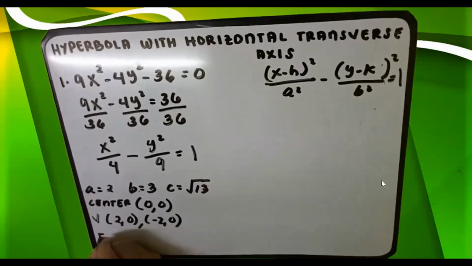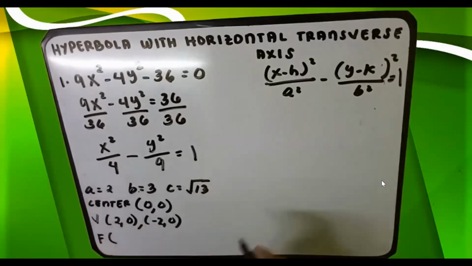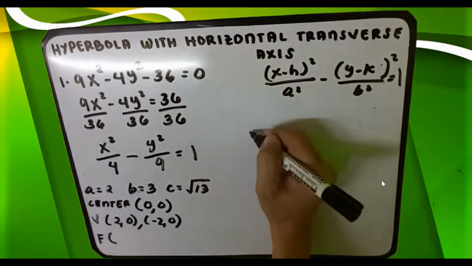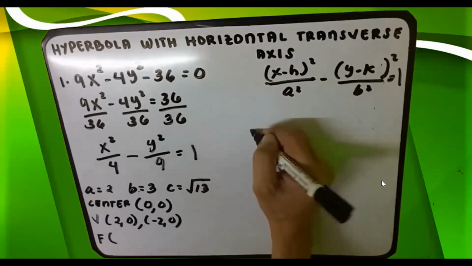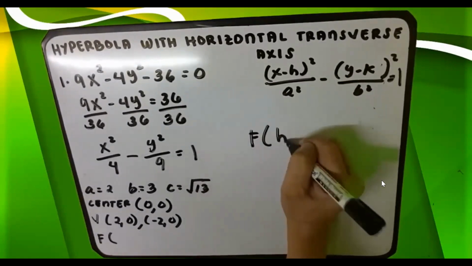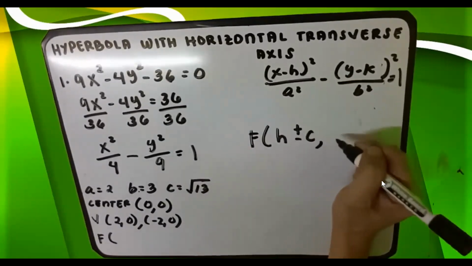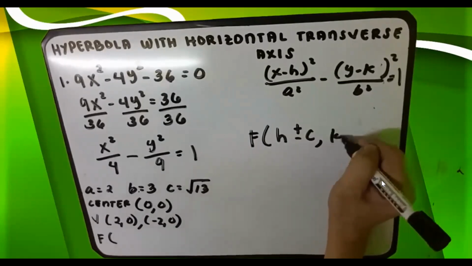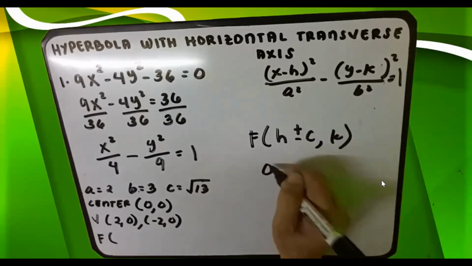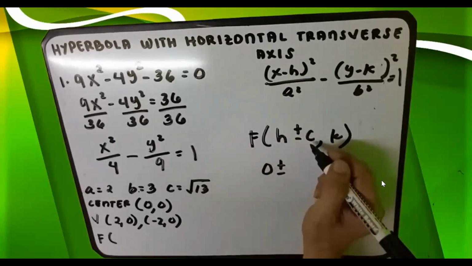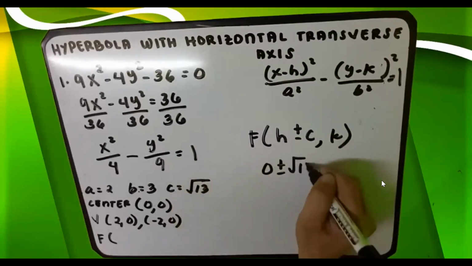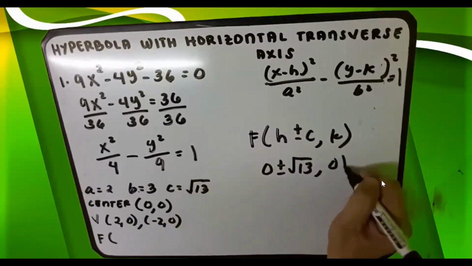Next, foci, F na lang. So for foci, gagamitin natin ay H plus minus C and then another K. So ang H natin is 0, plus minus, ang C natin ay square root of 13. Ang K natin is 0.